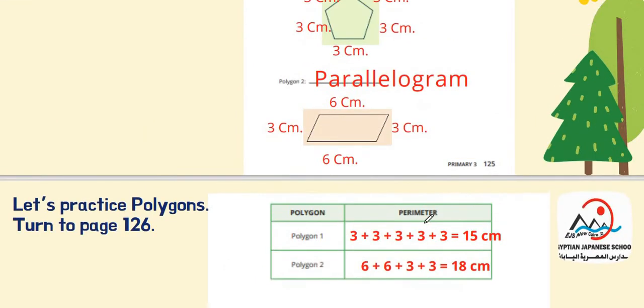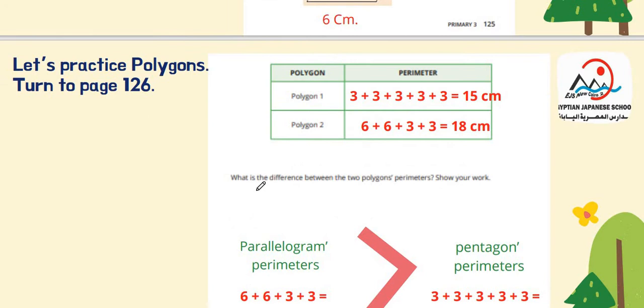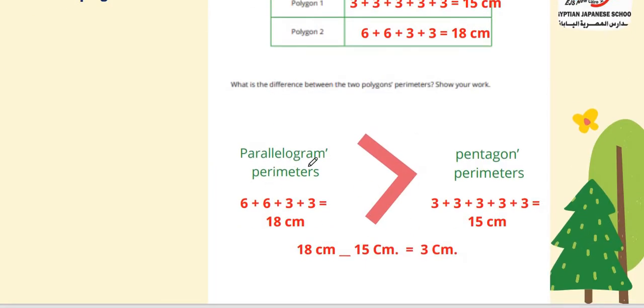Okay, finished? No, we have another direction. What is the difference between the 2 polygons' perimeters? Show your work. Okay, Miss Shema. About the parallelogram, we found 18 centimeters. Pentagon, 15 centimeters.